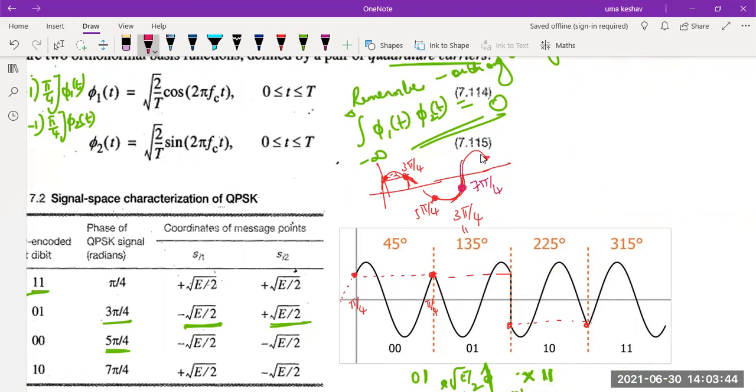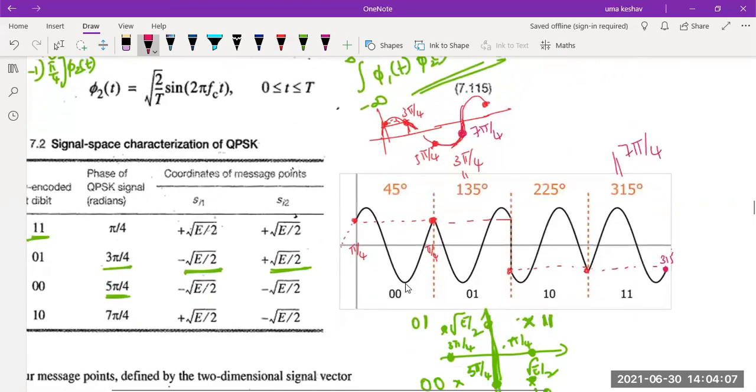So we should start like this, as you can see, starting, reaching the positive peak, coming down again and stopping at the same level. This level corresponds to 315 degrees or 7 pi by 4. I hope now, looking at these waveforms, it is clear how you have to draw carriers of different phases.